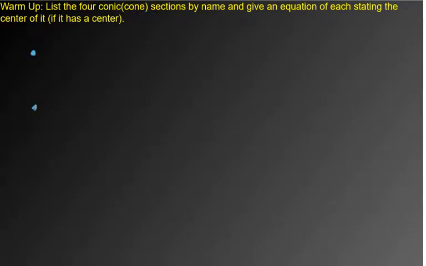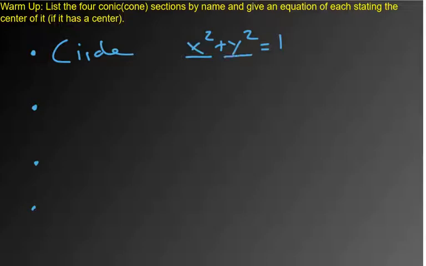There are 4 different conic sections. So you got your, in no particular order, your circle, right? Like your basic one, x squared plus y squared equals 1. But really, as long as these numbers below here are the same, like this could be pi, and this could also be pi, and that's a circle.